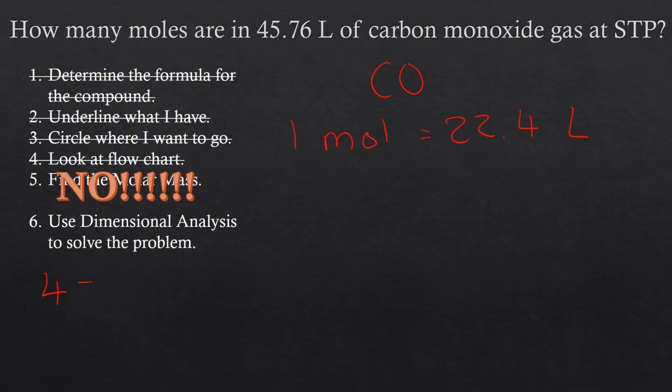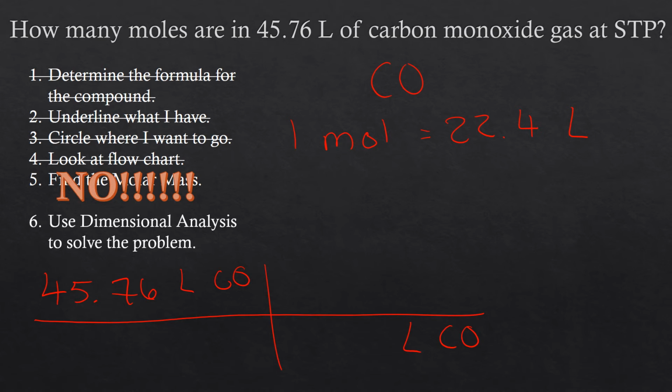So 45.76 liters of carbon monoxide. Make my railroad track. I put liters of carbon monoxide on the bottom because my units need to cancel.